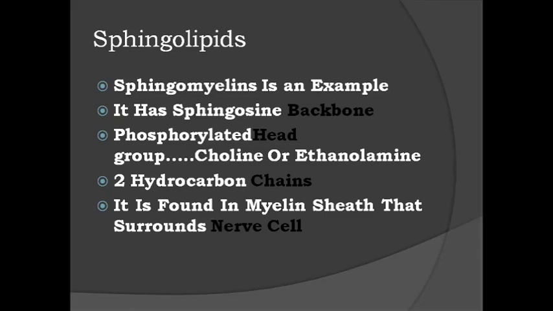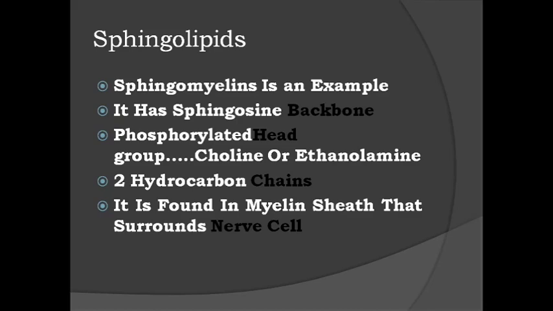It is found in the myelin sheath that surrounds the nerve cell. One hydrocarbon chain comes from the backbone sphingosine, and another fatty acid is bonded via an amide bond. Sphingomyelins are found in larger amounts in the myelin sheath of nerve cells.